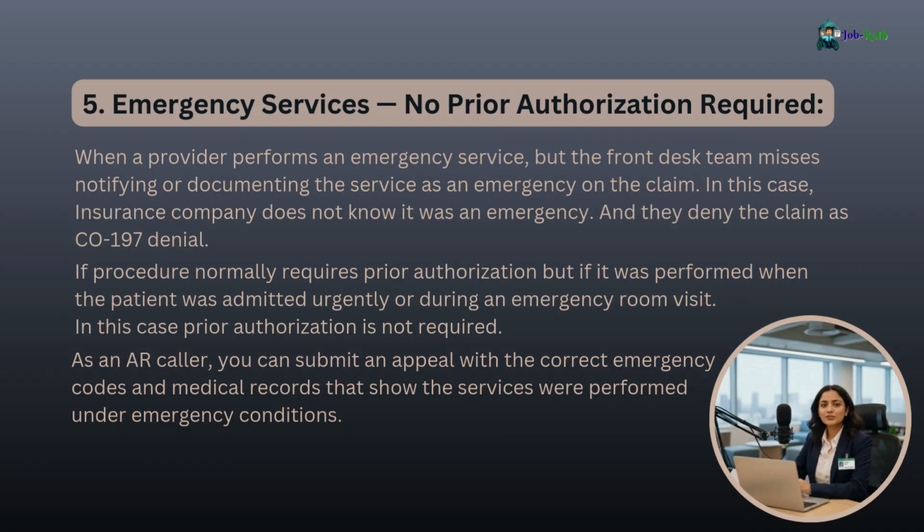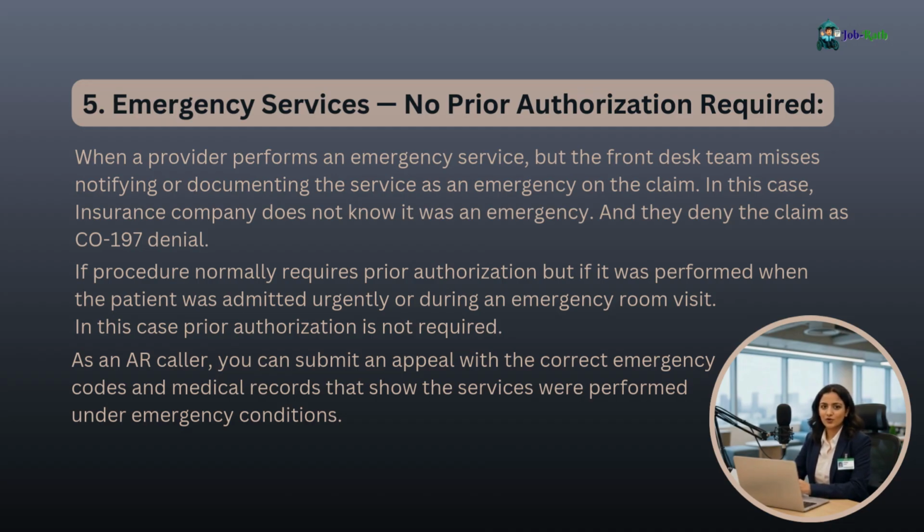Always remember, if a procedure normally requires prior authorization, but it was performed when the patient was admitted urgently or during an emergency room visit, prior authorization is not required.